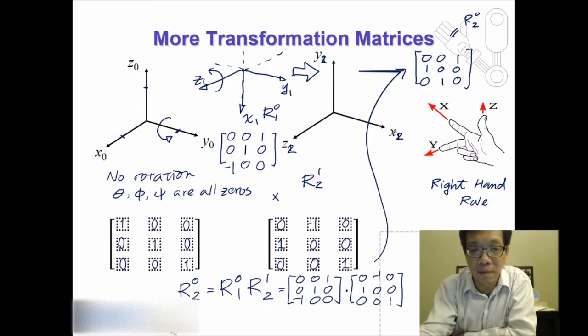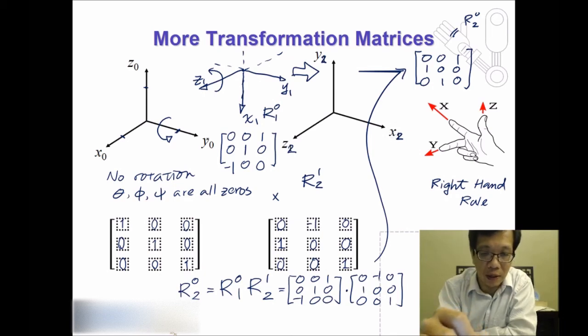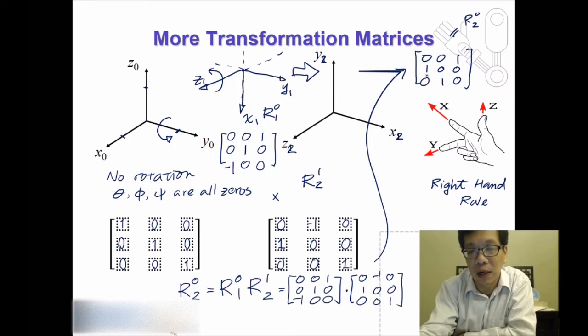You're going to find out x2 is actually projected along the y0 direction, so we have one unit vector on the y direction, and the other two axes have their corresponding unit vectors at the specific locations. So either you use the multiplication of matrices, or you can use the projection method. We can determine the transformation matrix in either way.